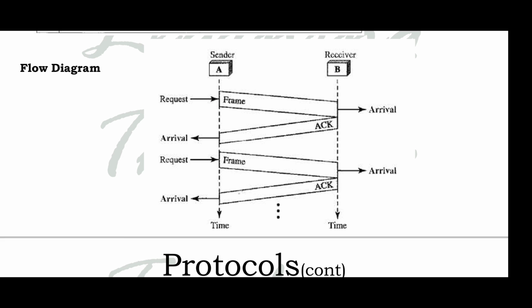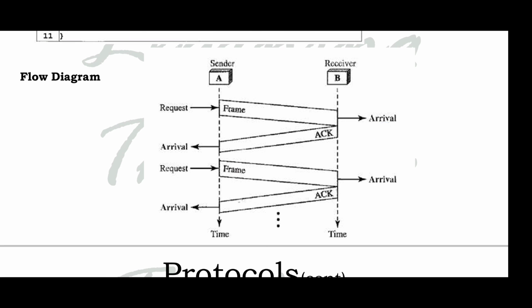So on the sender side there are 4 events and on the receiver side 2 events. What is happening is that the sender requests to send one frame to the receiver, and the sender waits for the acknowledgement from the receiver. Then another frame is sent from the sender side, and it is acknowledged. So this is what happens in the stop and wait protocol.